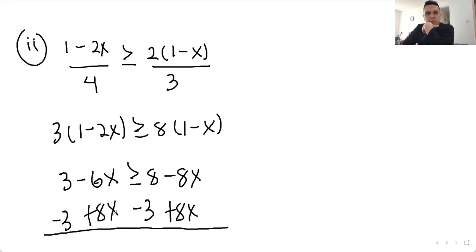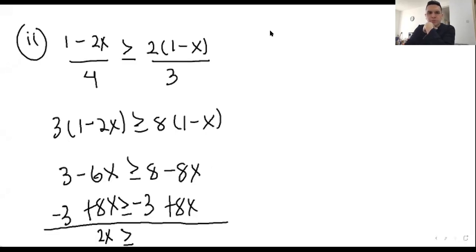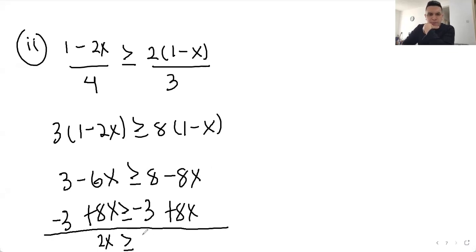This becomes 0, this becomes 2x, greater than or equal to. Did I put the inequality? I missed the inequality sign, I mean, I didn't write it, sorry. All right, 8 minus 3 is 5.